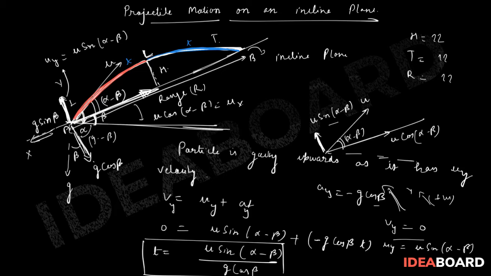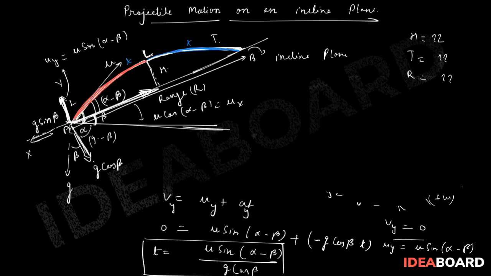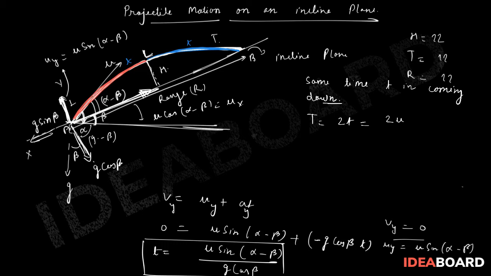So you just have to multiply this small t by 2, because it will take the same time t in coming down, as the acceleration or retardation is the same. So I can say T = 2t, which is 2u sine(alpha minus beta) by g cos beta.